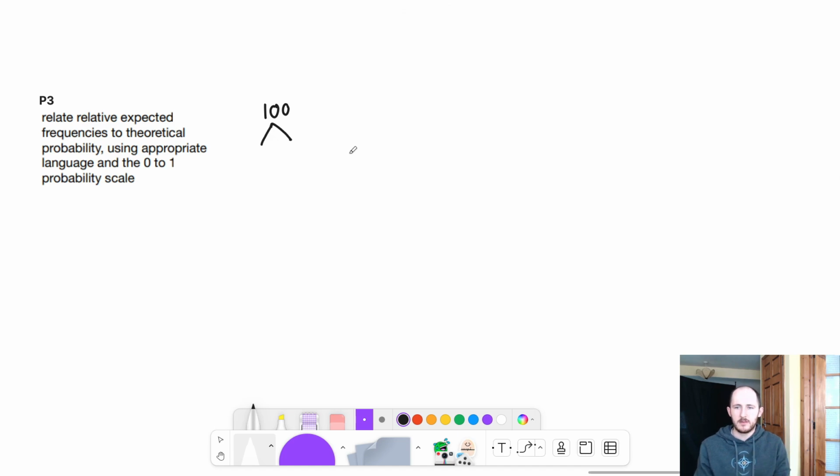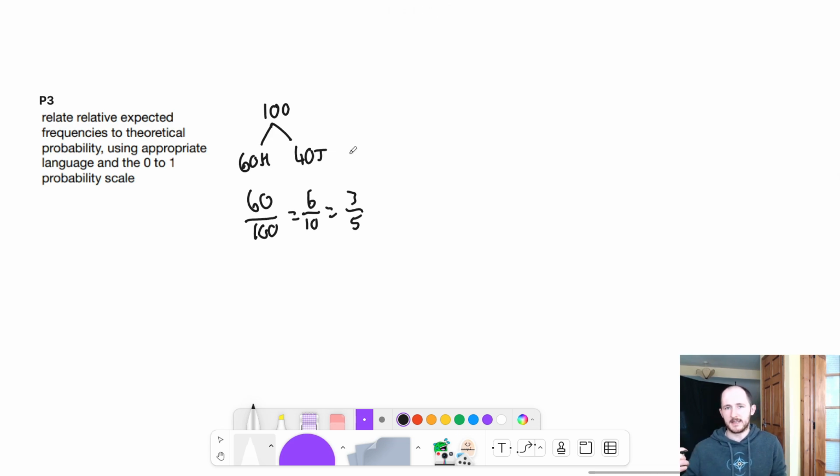But what if I got 60 heads and 40 tails? The expected frequency is just the probability I get a head based on the experiment. So it'd be 60 out of 100, which is 6/10, which is 3/5. So the theoretical probability is a half, but my actual result shows that the probability is 3/5.